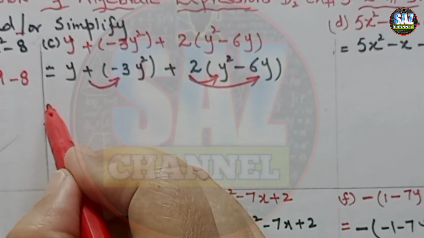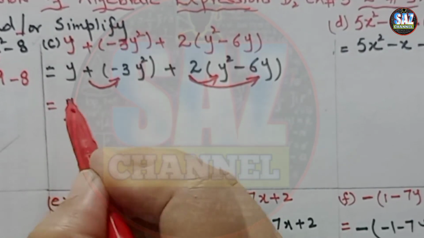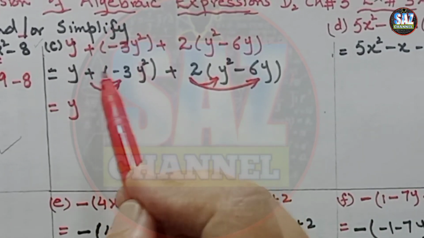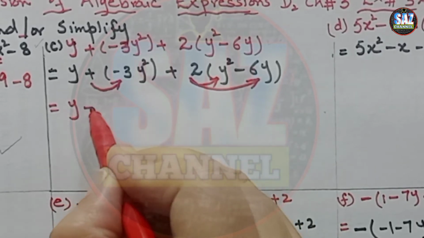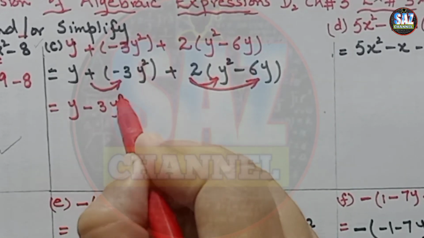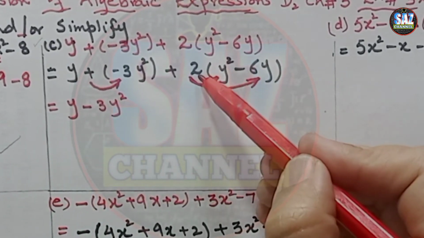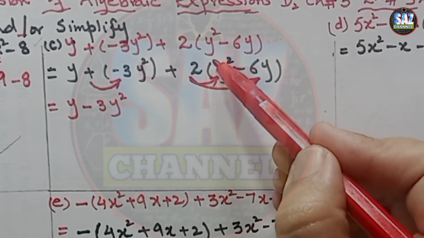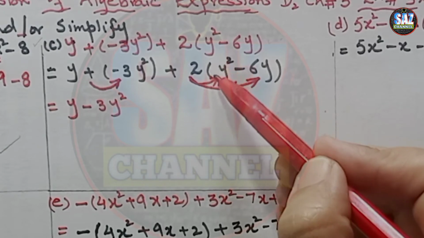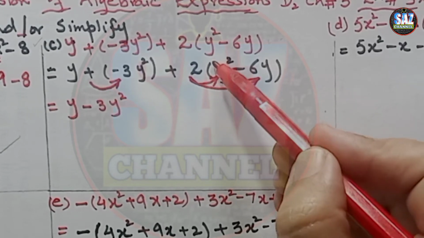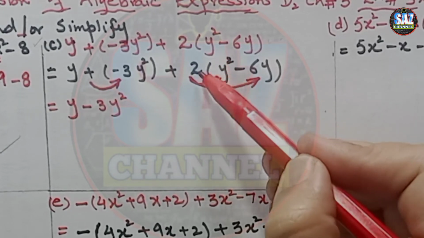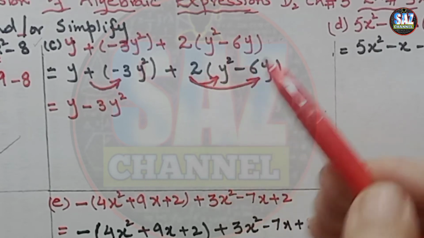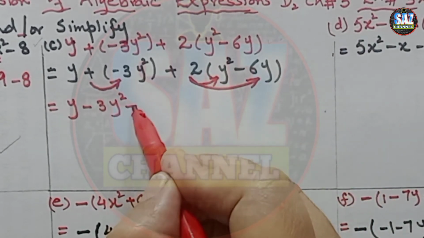Now the question will take the form y. When plus is multiplied by minus, this will become minus 3y square. Now this 2 has to be multiplied by y square. y has the coefficient 1 because we cannot see anything written here. So when 2 is multiplied by 1, it will become plus 2y square.